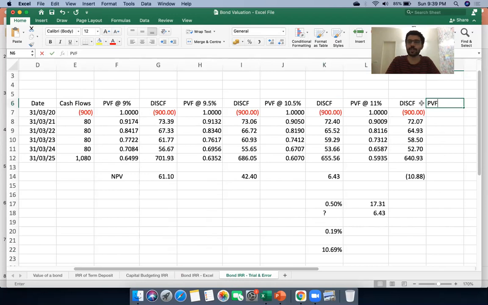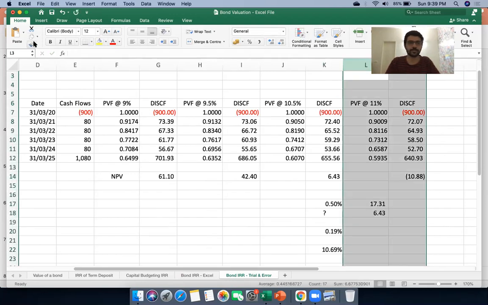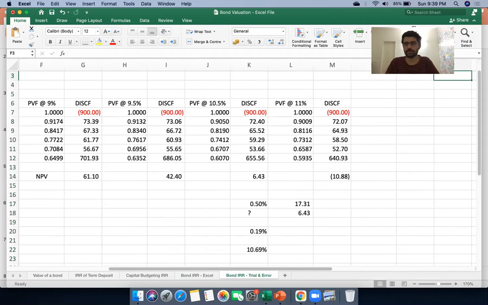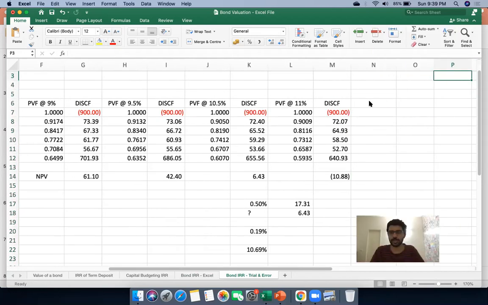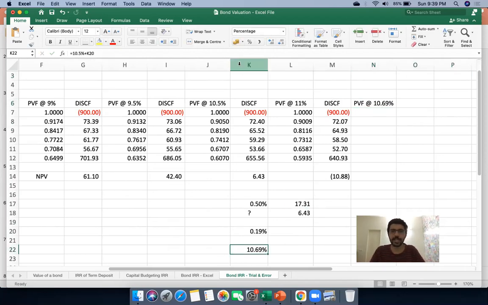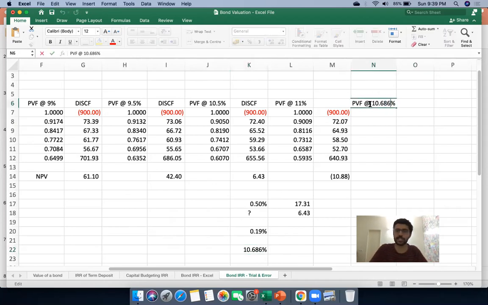I'm just quickly solving it. So the present value factor at 10.69%. Okay, let me actually take it up to the third decimal. It is 10.686%. And now let's calculate the discounted cash flow.